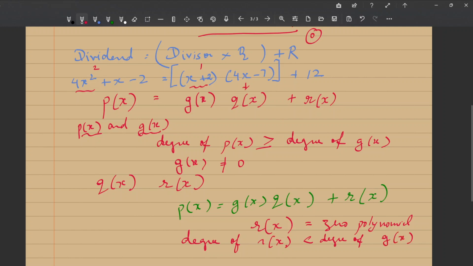The division stops here, just like your numerical division. When the degree of the remainder is lesser than the degree of the divisor, your division stops. Of course, there are no degrees there, it is numbers.